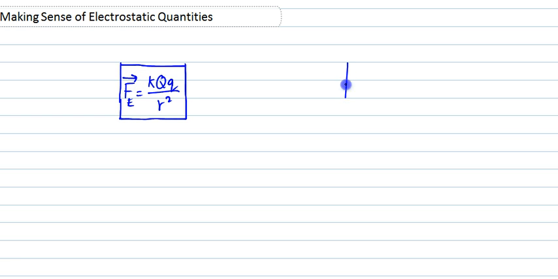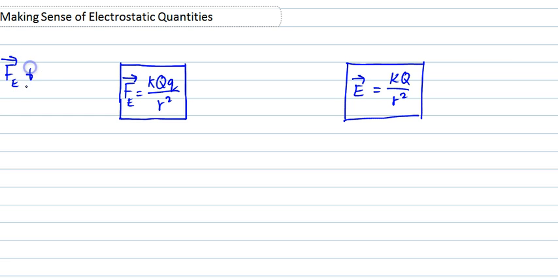And then over here let's put the electric field. And so the electric field is just KQ over R squared. So one thing to point out is that these are both vectors, and there's some pretty common links between them.